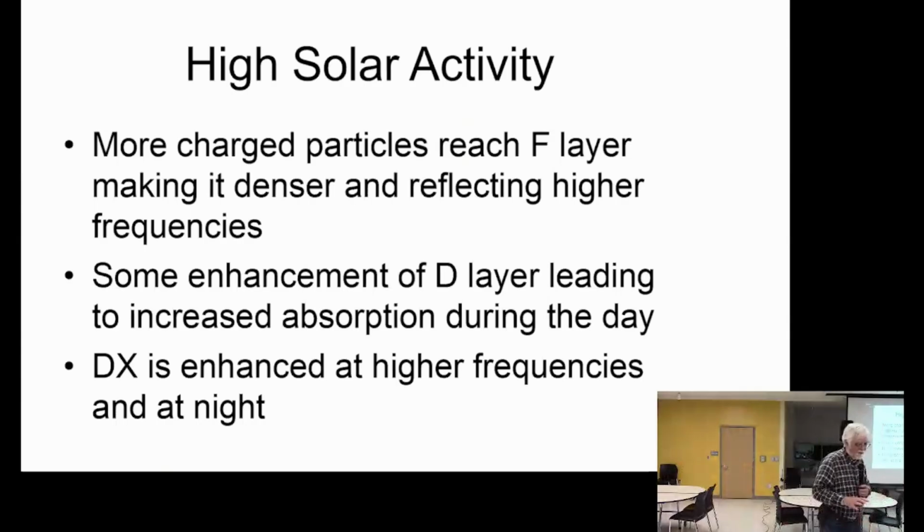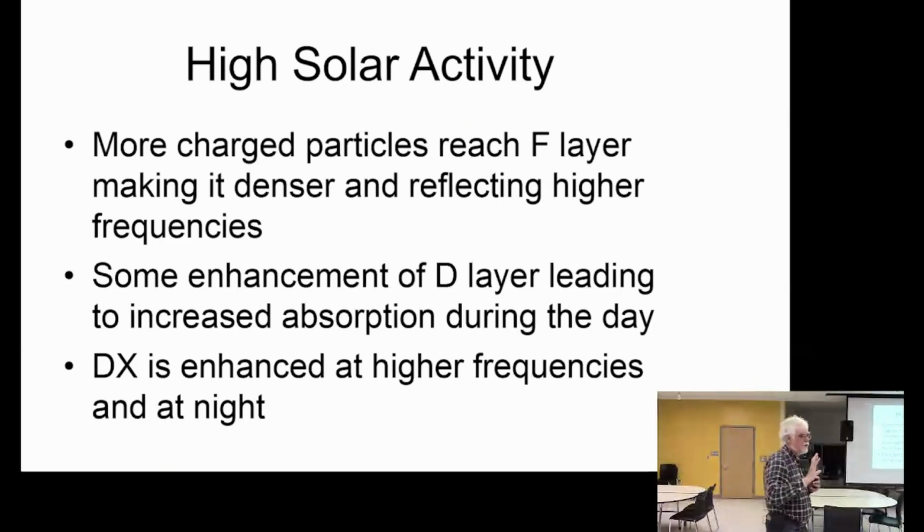So in high solar activity, you've got more charged particles coming to us because of the material that's being thrown off of the sun, traveling across space and coming in on the Earth. And the F layer can get denser and able to maintain bending at higher frequencies.